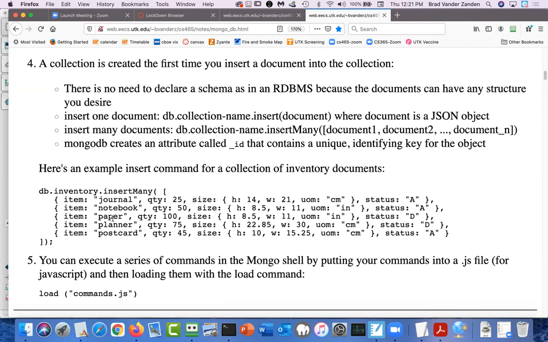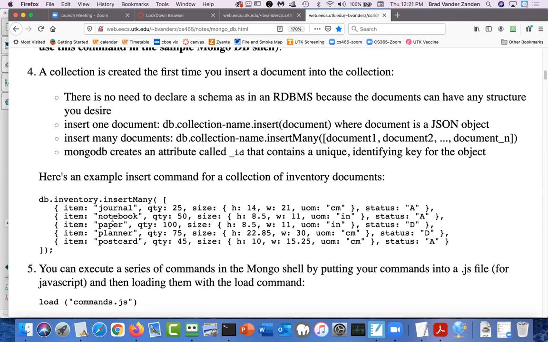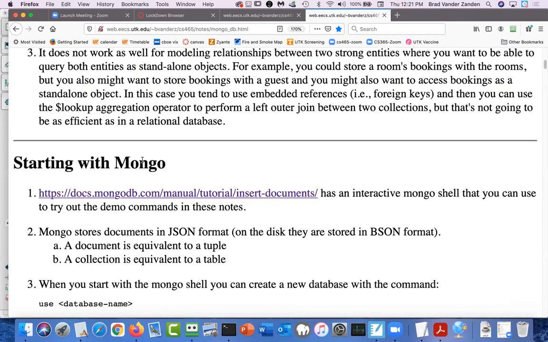What I want you to try to do is work through those examples with this interactive editor and see for yourself how the queries work. It's much better if you do it yourself than if I just drone on and say, this is how you do this query, this is how you do that query.